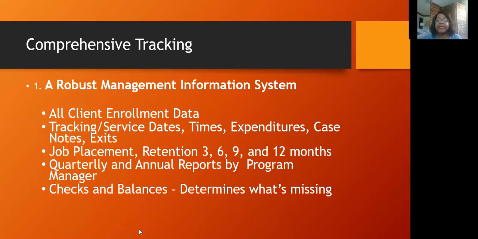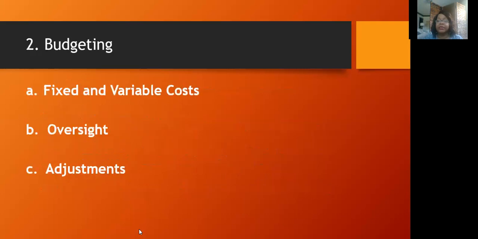So the next aspect of the comprehensive tracking is this whole budgeting piece. As I've identified budgeting as the title, we won't necessarily talk about all aspects of the budget. So why do I put budgeting in here?